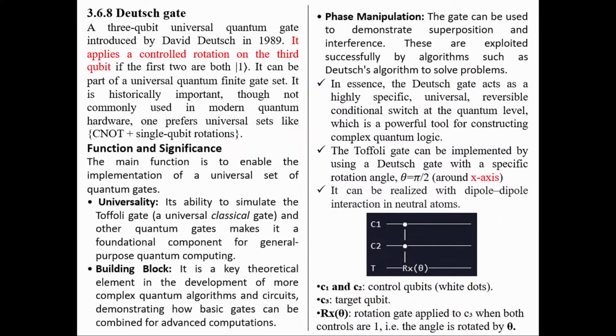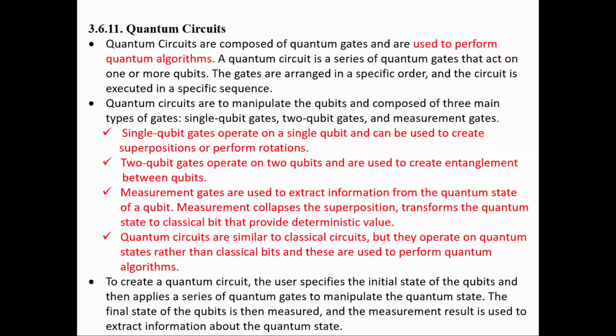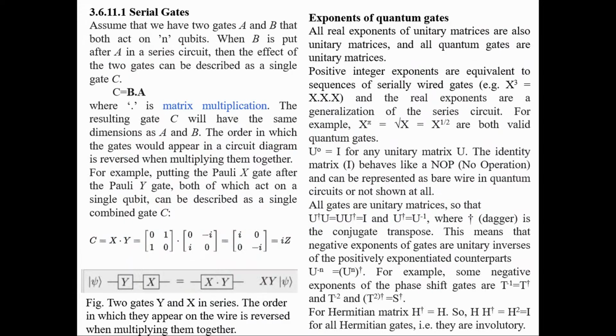Like that, I have to go quickly only. So the Deutsch gate, this is another, it can give a controlled rotation, as governed by these two control bits. And the C0 gate and so many other things, they have some properties and all those things.